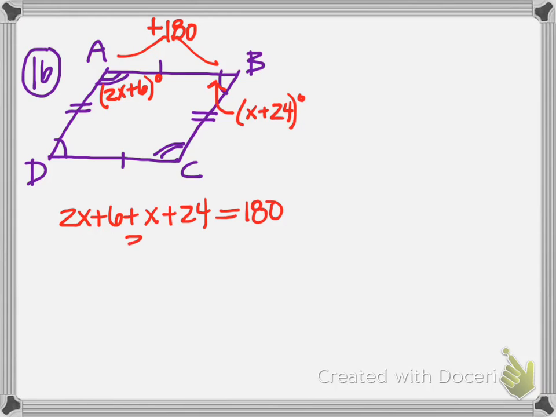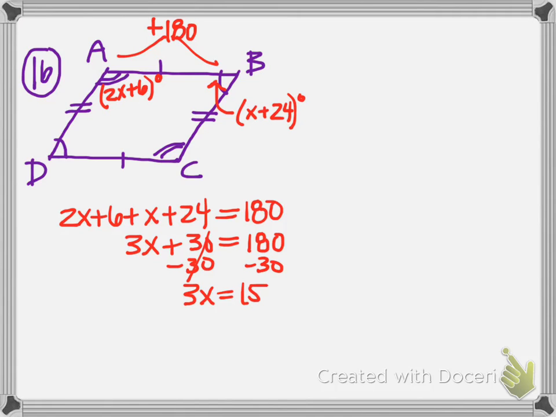If we combine like terms, we get 3x plus 30 equals 180. Move our constants to the right, so we'll subtract 30 from both sides. 3x equals 150, and then we'll divide both sides by 3, so x has a value of 50.